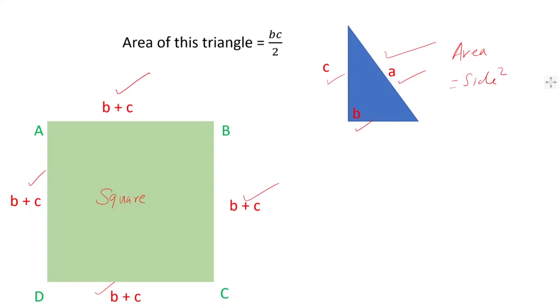So we have a square with each side equal to B plus C, which is nothing but the base and height of this right-angled triangle.